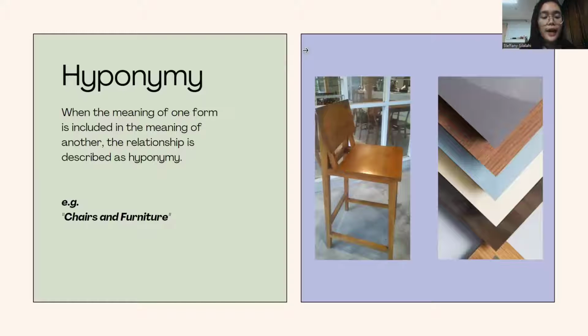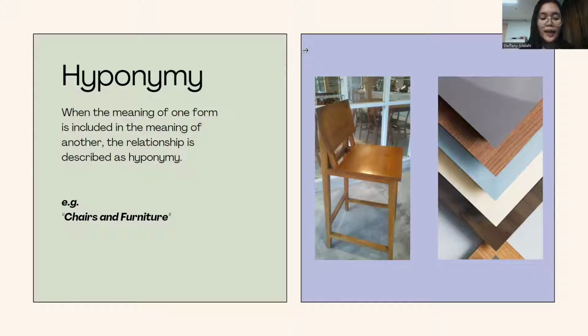So the third is hyponymy. When the meaning of one form is included in the meaning of another, the relationship is described as hyponymy. For example, in the picture, there is a chair. It is a kind of furniture.